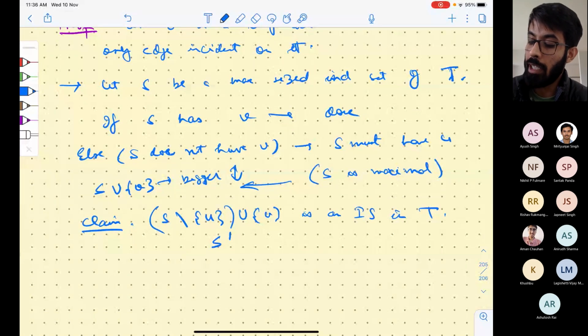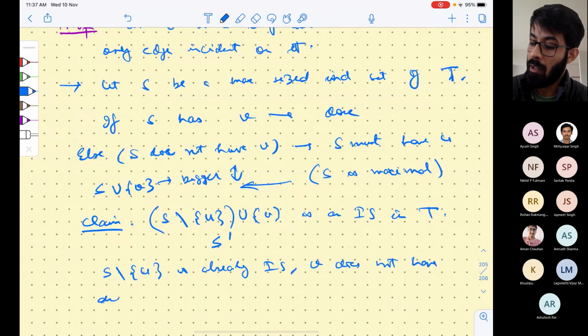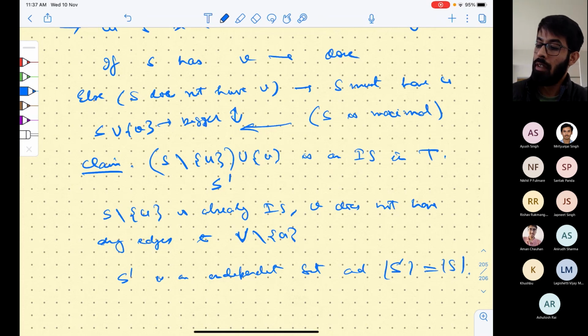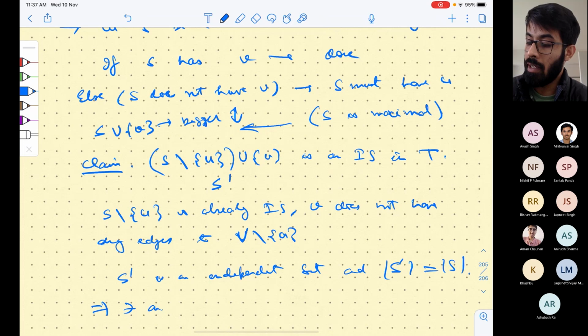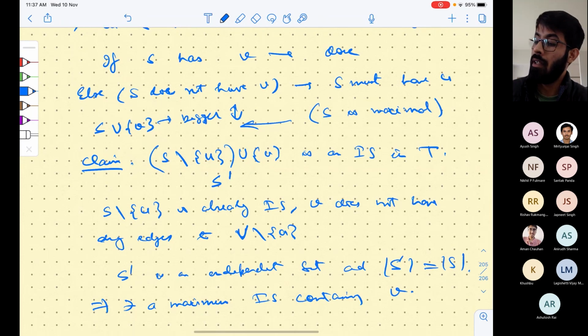Why is this the case? Because S minus U is already an independent set, and V does not have any edges other than to U. So S prime is an independent set, and the size of S prime is equal to the size of S. So there exists a maximum size independent set containing V. Right?